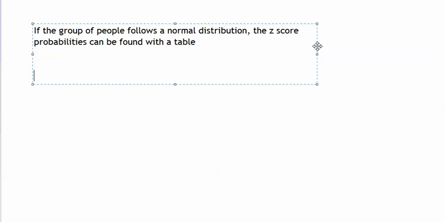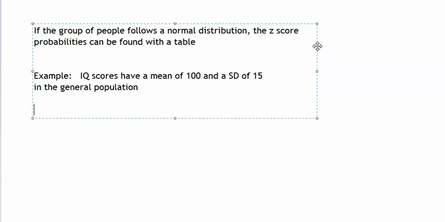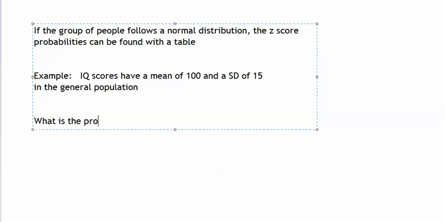Here's an example. IQ scores have a mean of 100 and a standard deviation of 15 in the general population. That's actually true. So what is the probability of getting someone with an IQ below 90?